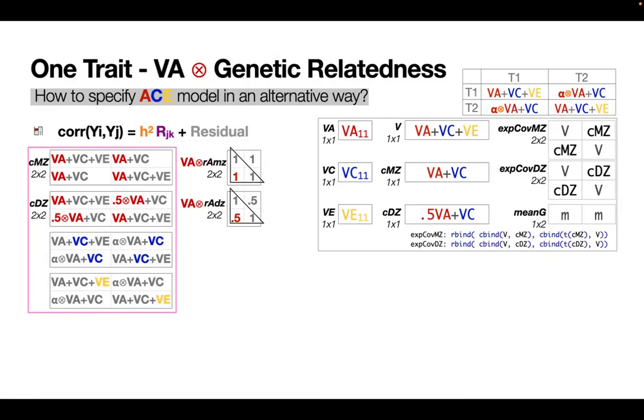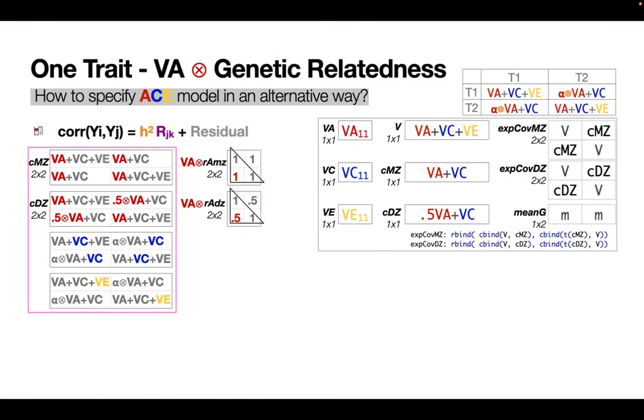The A component can basically be rewritten as our VA additive genetic variance matrix times a matrix of the genetic relatedness, where we know that the genetic relatedness for MZs is 1 and for DZs is 0.5.